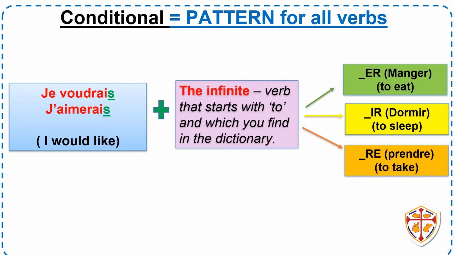An example has been given for you. I would like to eat, which means je voudrais, verb in the conditional, plus manger, second verb in the infinitive. Again, I would like to sleep, j'aimerais, my first verb is in the conditional, dormir, my second verb is in the infinitive.